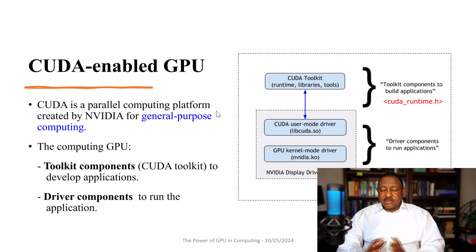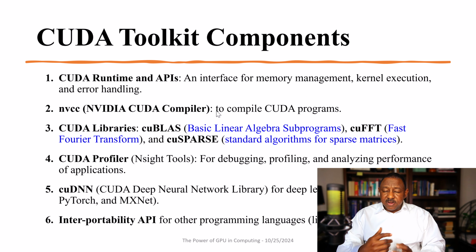These two portions, the toolkit components and the driver components, form the CUDA. So once the GPU is CUDA enabled, those components must be there to make it possible to use it.